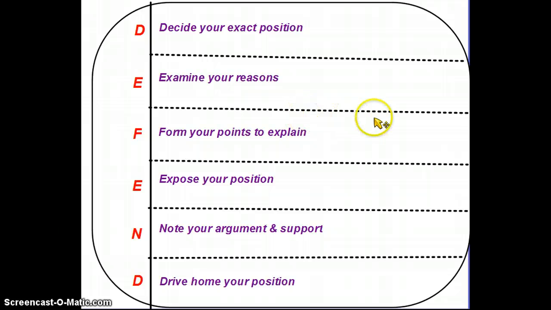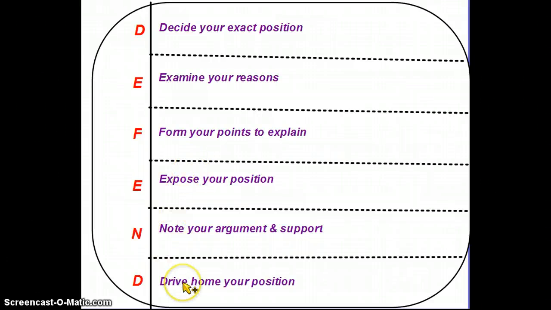This was a time when the country was divided and men had to determine which side they were on. Then you're going to go into your text and note specific support from your text that supports that reason that you explained. Exposing your position and noting your argument and support are where you go into your text and define those elements that can be supported through the text for your reasons and your explanation.